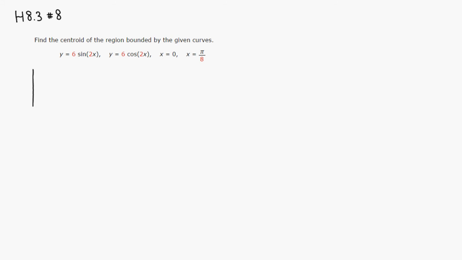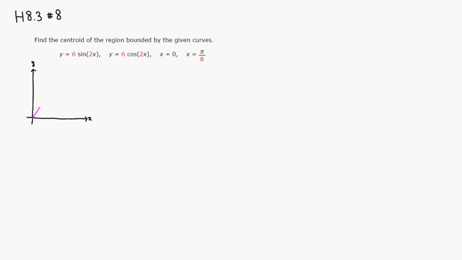I'm going to draw the y-axis here, and here's the x-axis. The sine curve is going to look kind of like this, starting from 0.